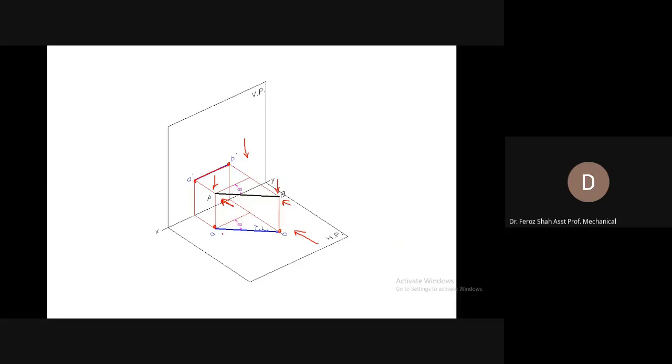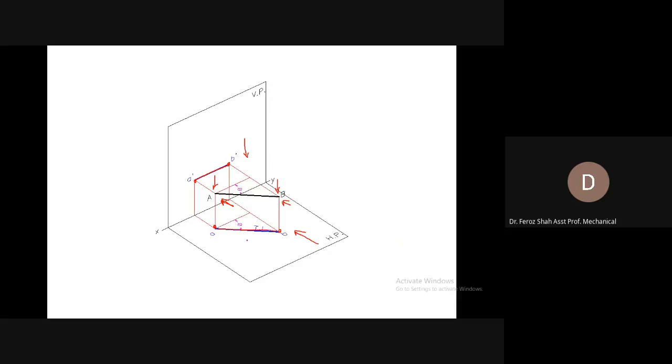In the top view, the plane of projection would be the horizontal plane. In the front view, the plane of projection would be the vertical plane. So you will get the projection of the two ends, and when you join them with the line segment, you will get the top view.